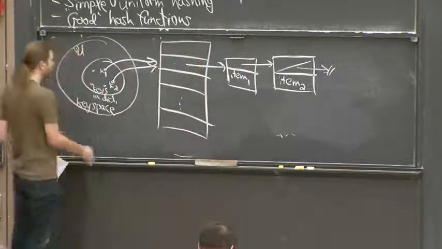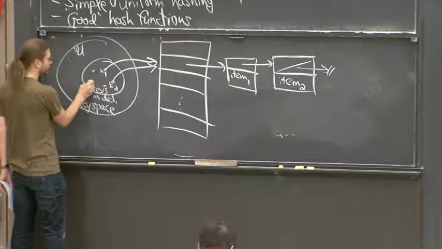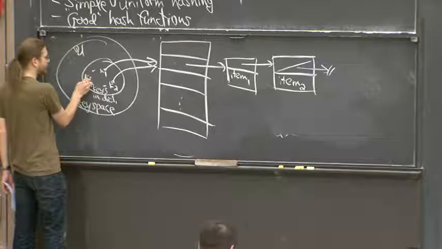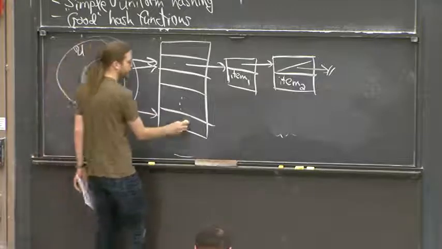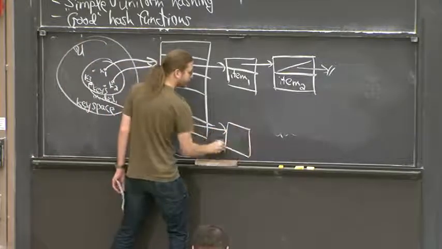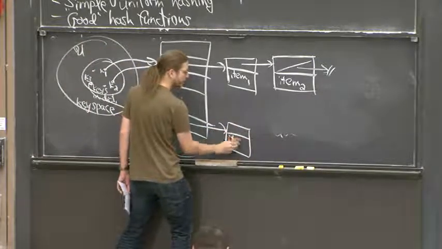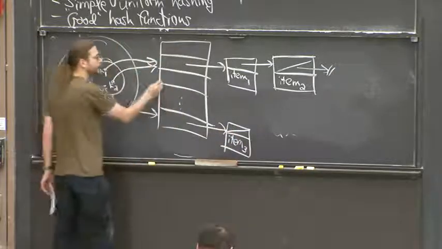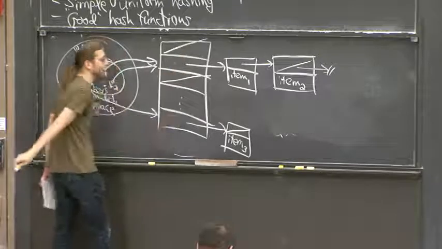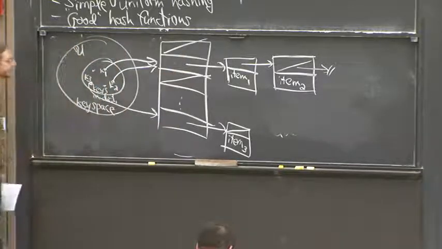In particular, if there's just one item, like this key K3 here, maybe it just maps to this slot, and that's all that maps to it. In that case, we just say there's item 3, and there are no other items. Some slots are going to be completely empty, so you just store a null pointer.